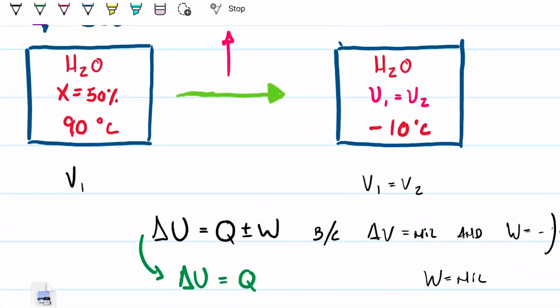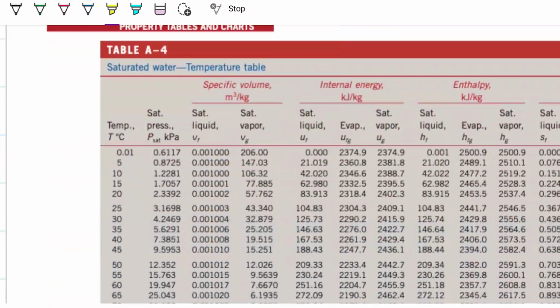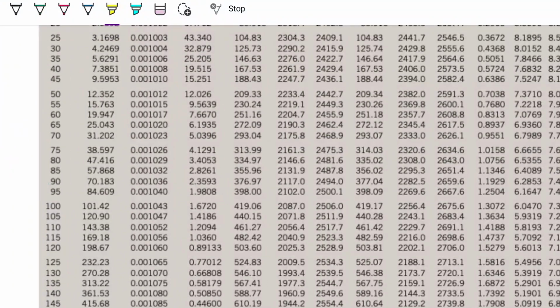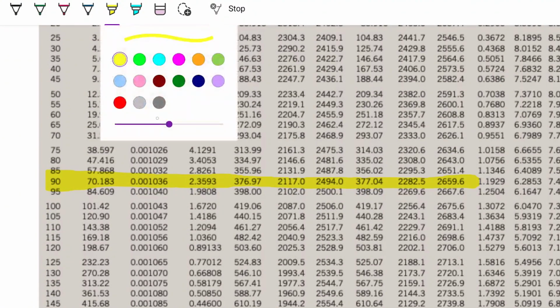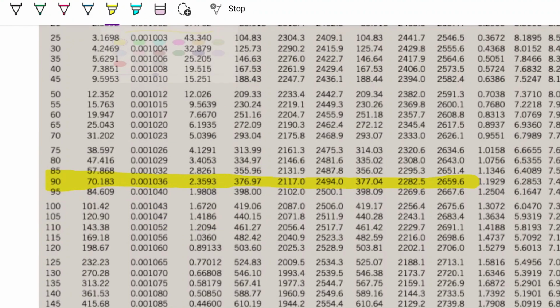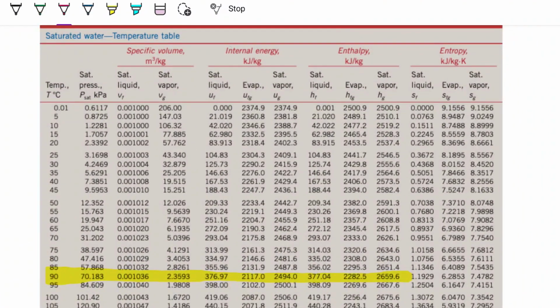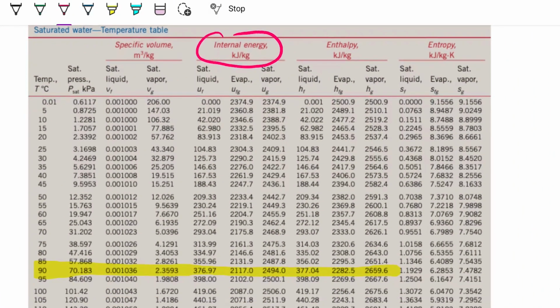Okay, so let's start with the easy part, which is 50% quality, 90 degrees Celsius. So we just go to the property table. We're going for 90 Celsius, so 90 Celsius is right here. Here I'm interested in the internal energy, and I know that I am going to have a mixture of 50% of this and 50% of this.